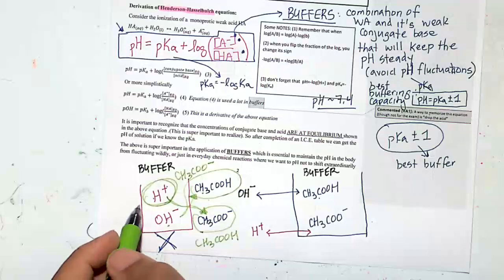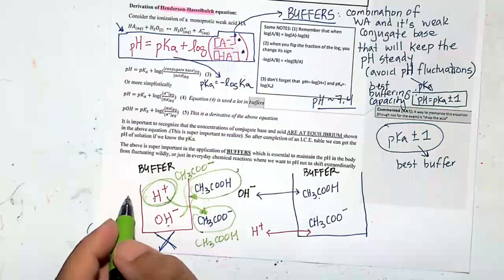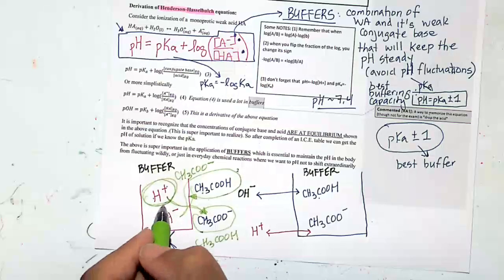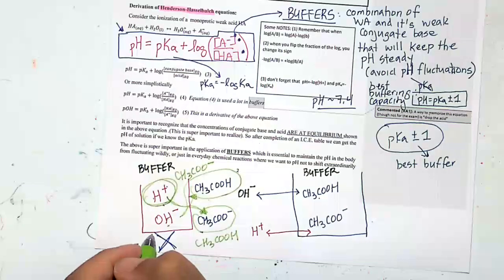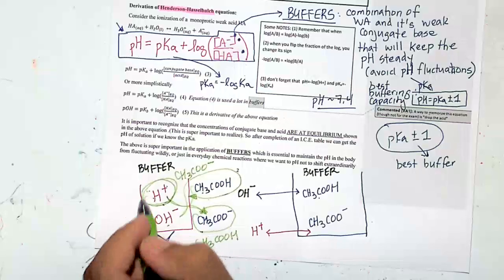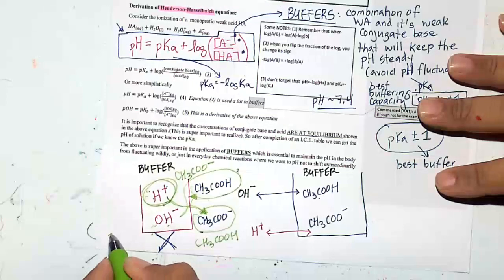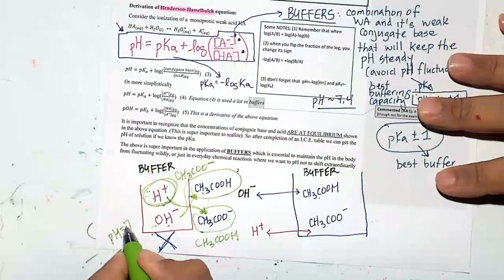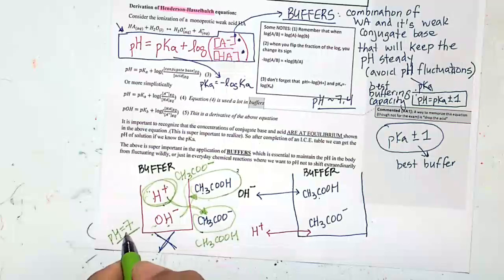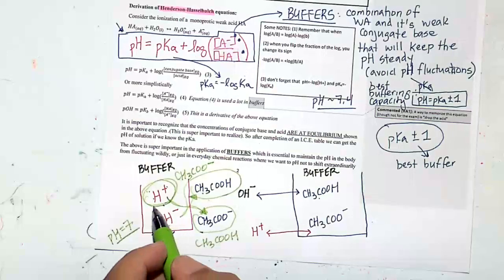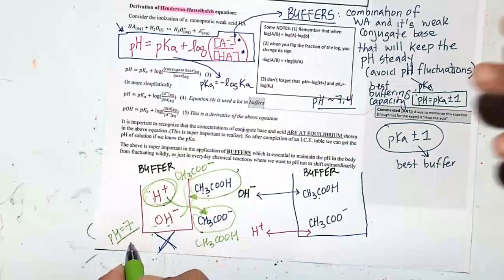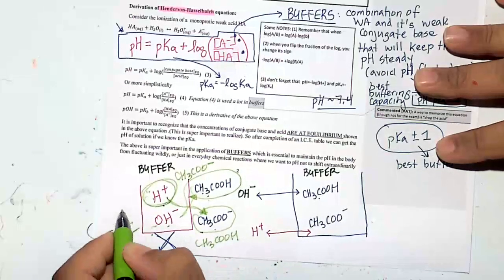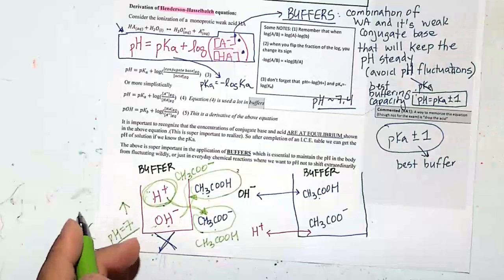The net effect is that your pH will go up or go down. In fact, the strong acid will make the pH go all the way down. The strong base will make the pH go all the way up. If they're in the same concentrations, they neutralize one another, and you'll get to a pH of 7. You add the weak acid, your pH will go down. You add the weak base, the pH will go up.